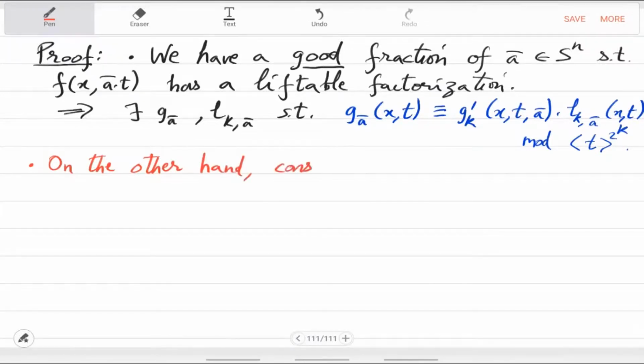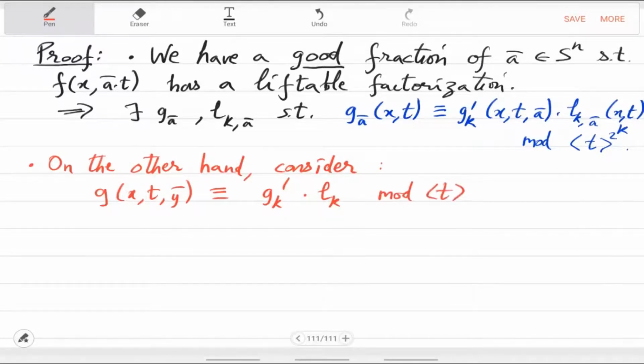Consider the equation g(x, t, y bar) equals g k prime (x, t, y bar) times L k, mod t raised to 2 raised to k.